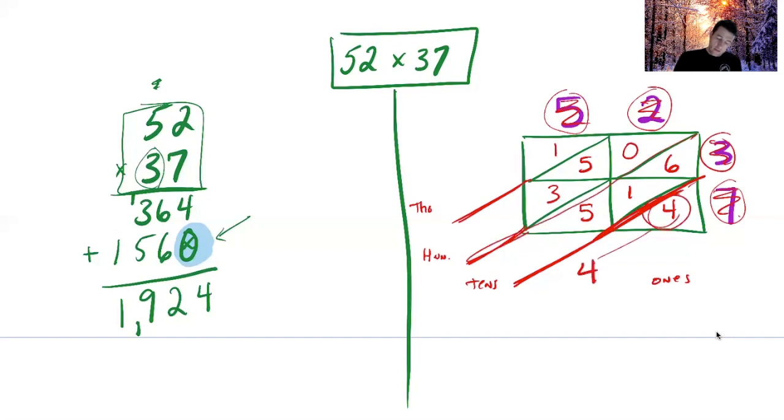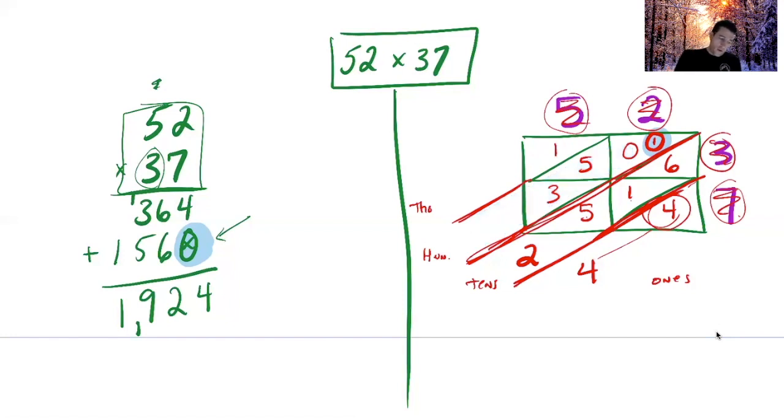Now we add up what's in this sideways column. 6 plus 1, 7 plus 5 is 12. The 2 remains here. We got to carry our 1. This is probably the trickiest part of lattice, remembering to carry in this sideways slanted adding. All right.